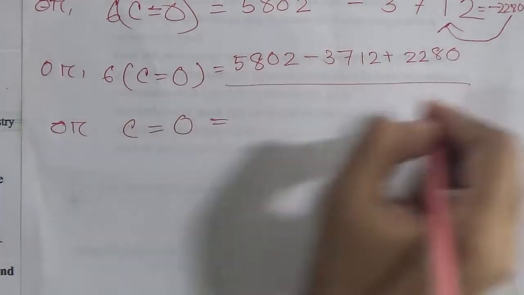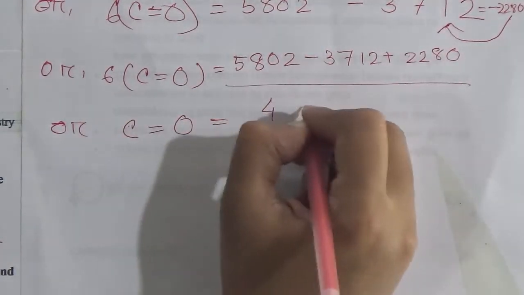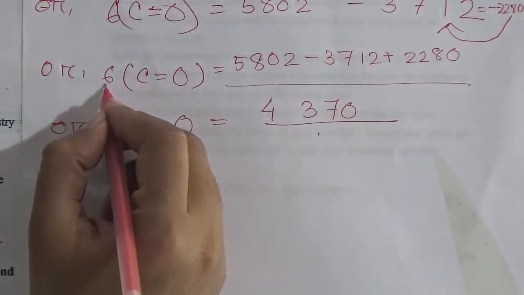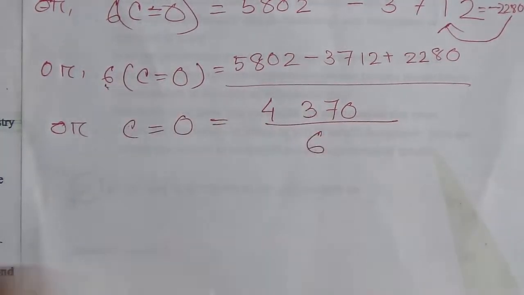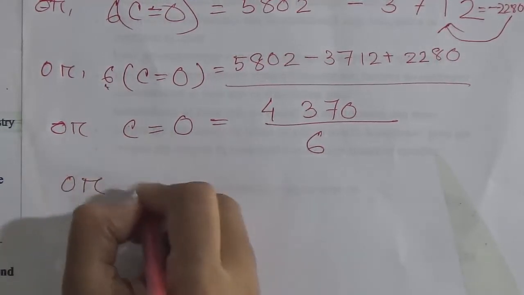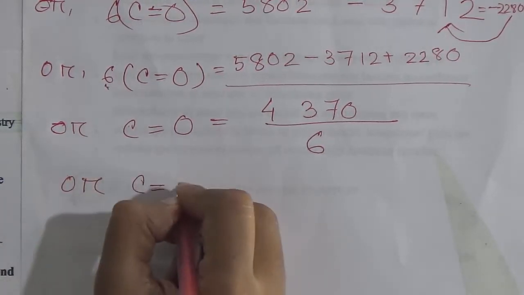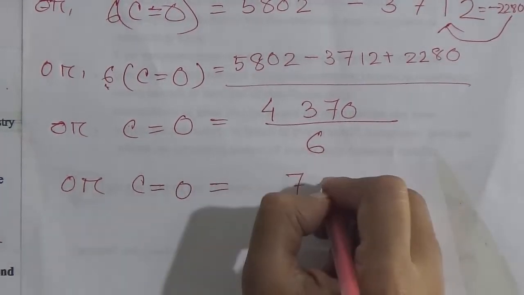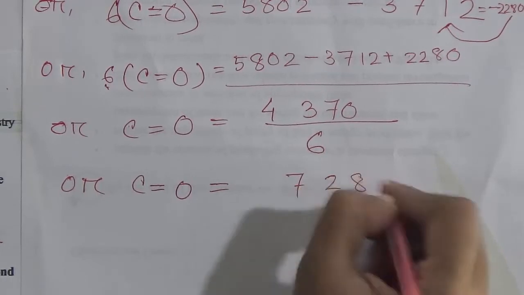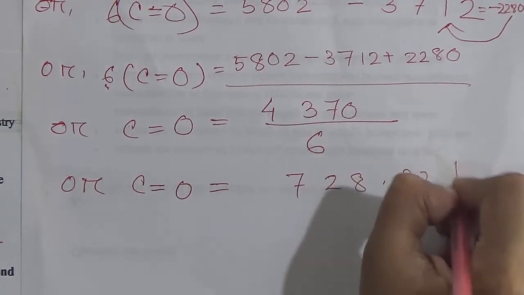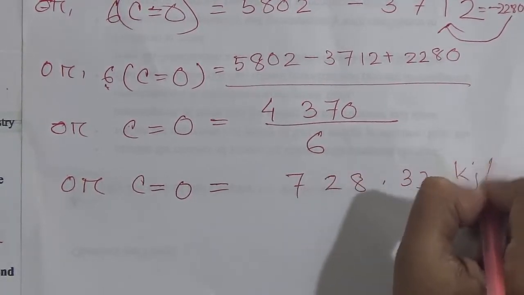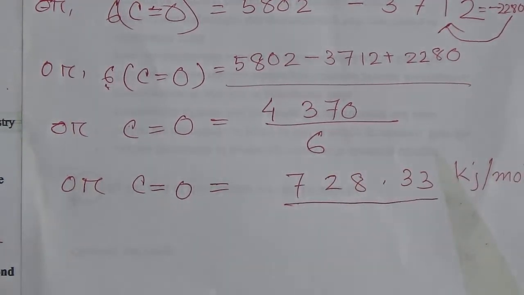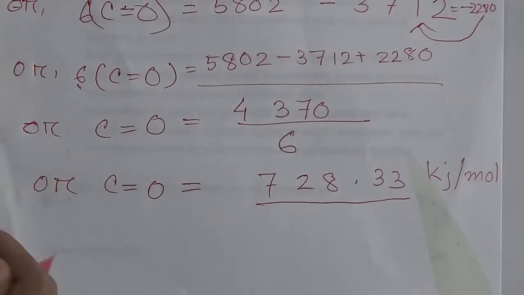If we calculate the total you will get 4370, then it will be divided by this 6, so the carbon-oxygen double bond value is 728.33 kilojoule per mole. Dear student, if you observe the table, that is written here.